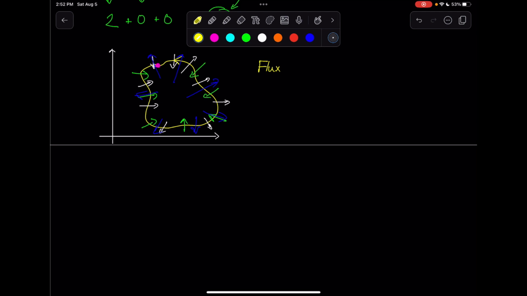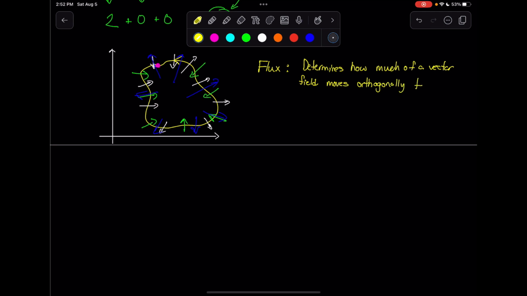So flux, kind of loosely, in the 2D case, determines how much of a vector field moves perpendicularly, or orthogonally, to the path C. Okay, and now let's think about this in a couple ways.